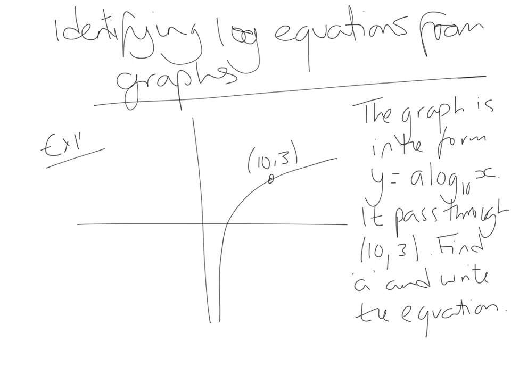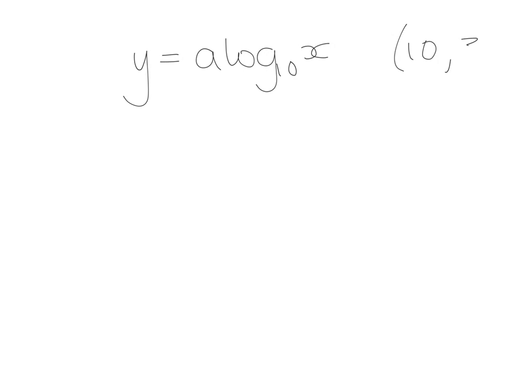Okay, so we will do that over the page, but we've been given the equation and we've been given a point, so we're going to do what we did in the last video and sub in the x and y values. Right, so we'll sub in 3 here.